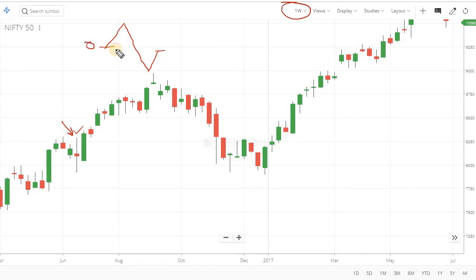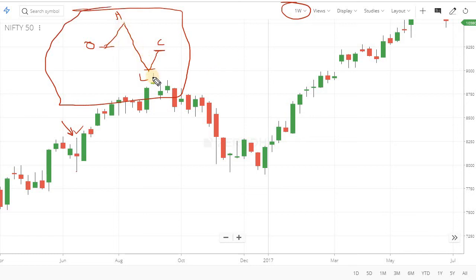This is the open price, this is the high price, this is the low price, and this is the price at which it closed. So all this activity is done in that week, right? So it opened, went all the way to the high point and then again came to the low point of that week and then moved up and closed. So all this story is accommodated in one candle, and that is this particular candle, right? So by just seeing that candle you should be able to visualize what might have happened in that week.